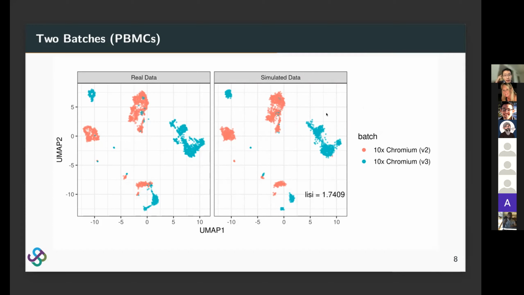Here we can see our simulator also generates very realistic results compared to the real data. We can see all the cell types are preserved in the new data sets. And we also show the batch effects between the two technologies.